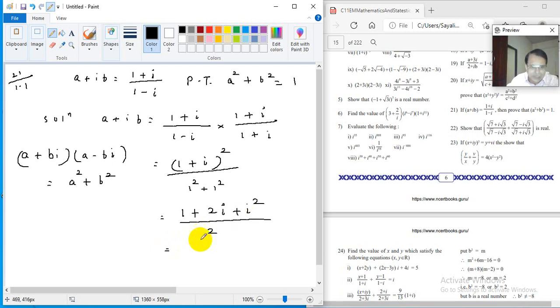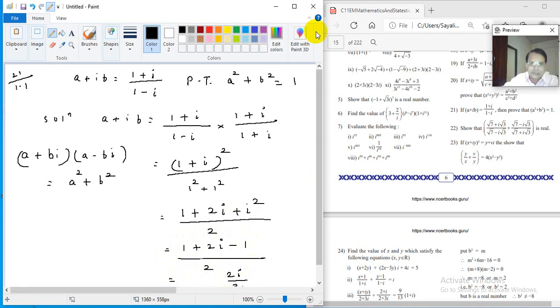But now I squared is minus 1, so it is 1 plus 2i minus 1 upon 2. That is 1 plus 2i minus 1, which is 2i, divided by 2.